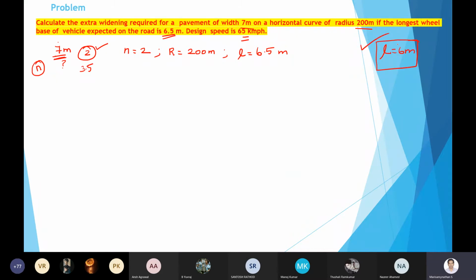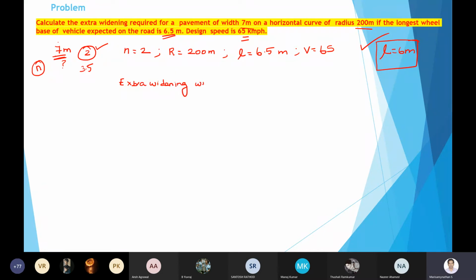Most competitive exams won't give it, so you have to assume length is 6 meter. Then the design speed V is equal to 65 kilometer per hour. So these are the details given in the problem. They are asking for the extra widening width.